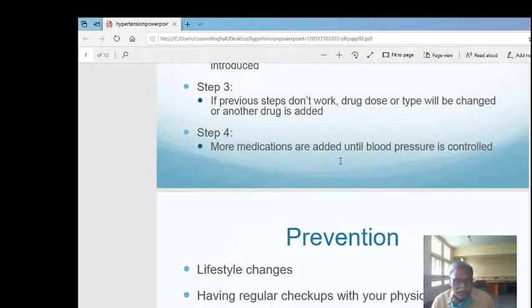And if it has not much beneficial effect, because they produce kaliuresis, potassium loss in the urine, which can produce muscular pain and weakness, then you can add ACE inhibitors, which are of great help.